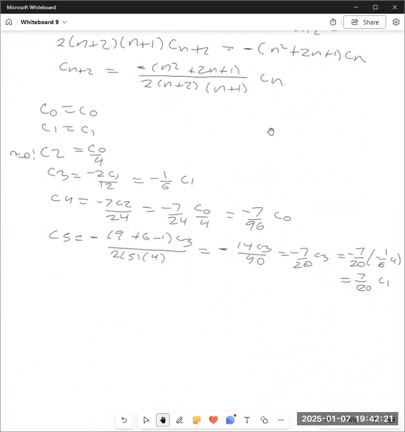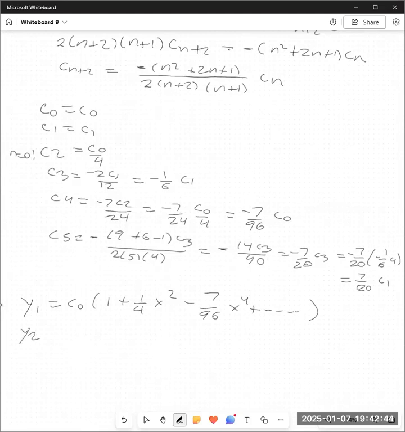And that gives me y_1 equals c_0 times 1 plus 1/4 x squared minus 7 over 96 x to the 4th plus dot dot dot.